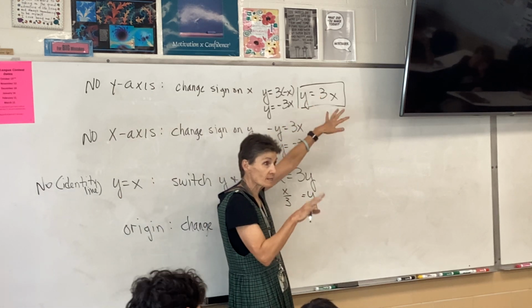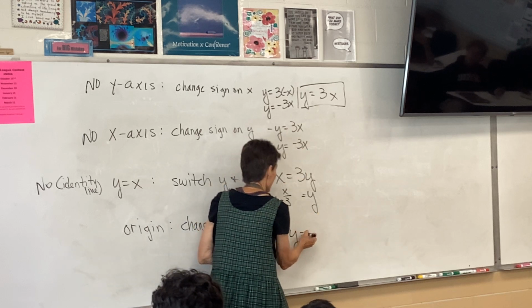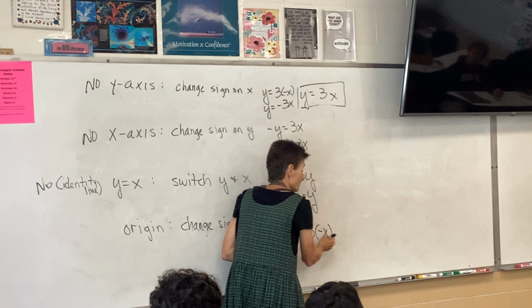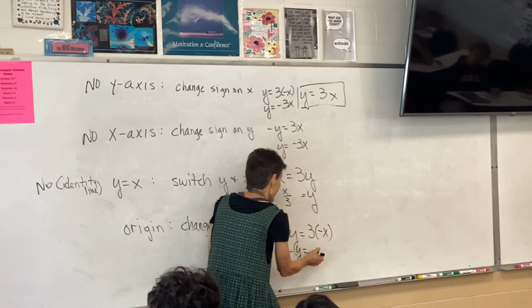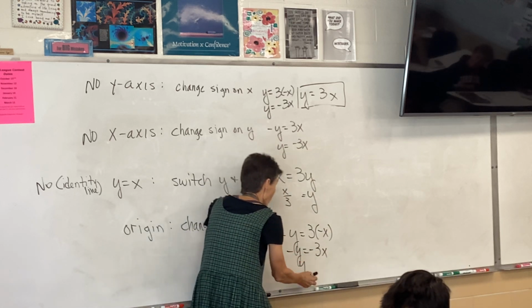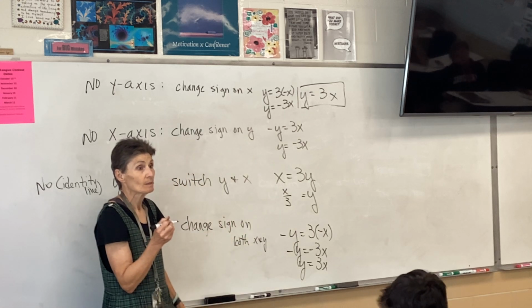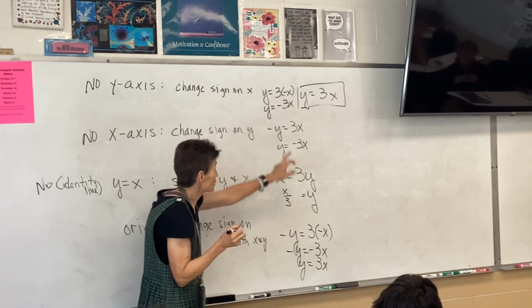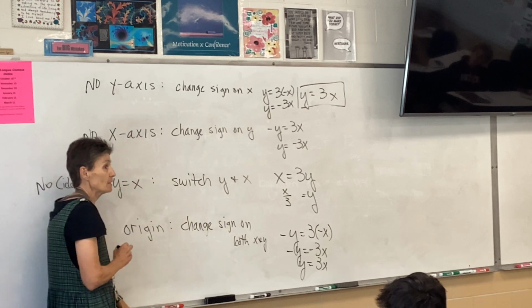If I change the sign on x and y, I would have negative y equals 3 times negative x. So negative y equals negative 3x, which is y equals 3x when I clean it up. And that matches my original, so this one is a yes.